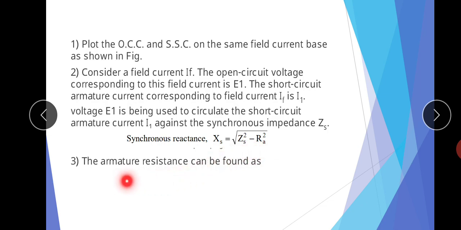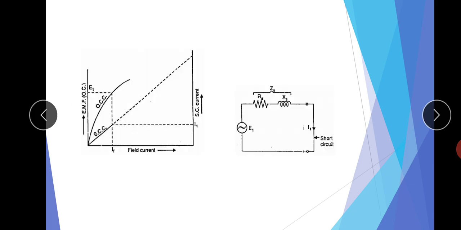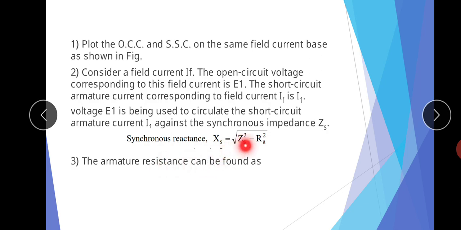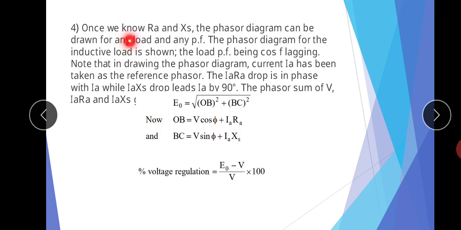The third point: armature resistance can be found, and with the help of this we can find the resistance value. Once we have found the armature resistance RA and the synchronous reactance XS, the phasor diagram can be drawn for any load and for any power factor.